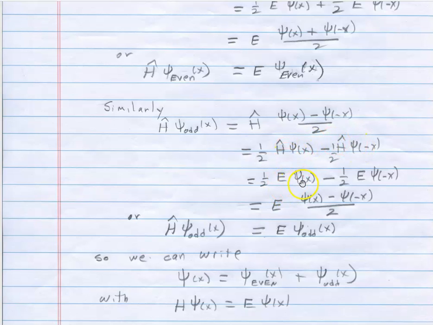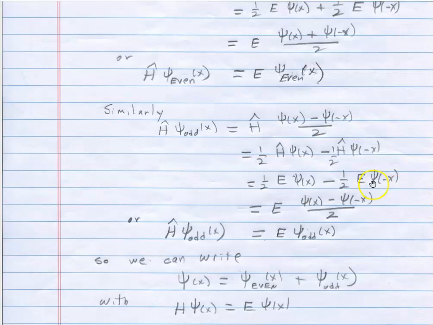So H operating on psi of x gives me E times psi of x back again, and H operating on psi of minus x gives E psi of minus x back again. And then again, factor out the E. We're left with E times psi of x minus psi of minus x over 2, and that's nothing more than the odd part. So the Hamiltonian operator operating on the odd part gives me E times the odd part.